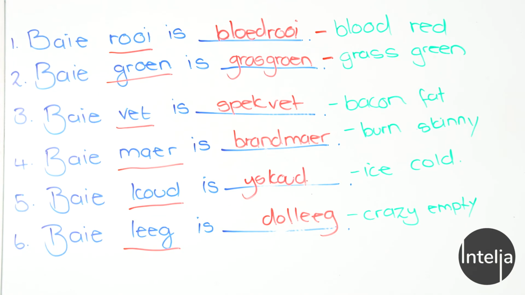Right? So with some of these words, not all of them would be as easy to figure out, but you have a better shot at figuring them out when you try to relate them to things that are more associated with them. For example, bloedrooi: when something is really red, blood is really red. Gras groen: grass is like the greenest thing on earth, nature, you know.